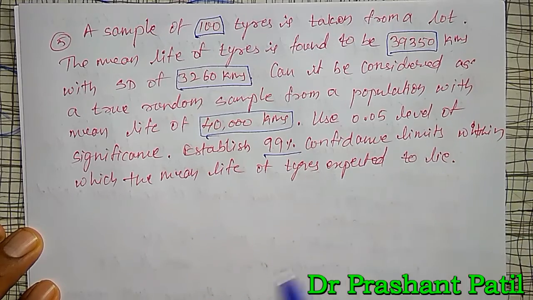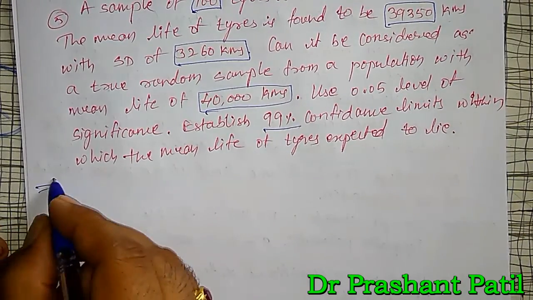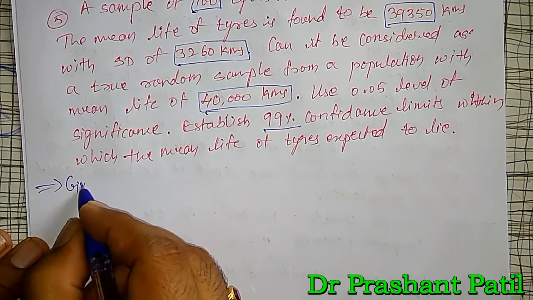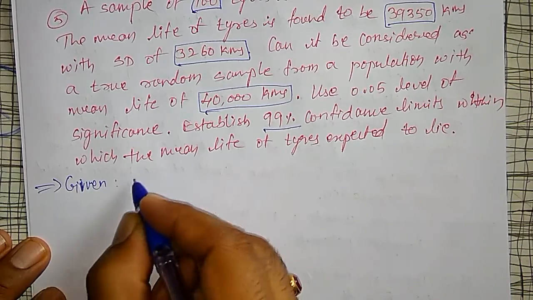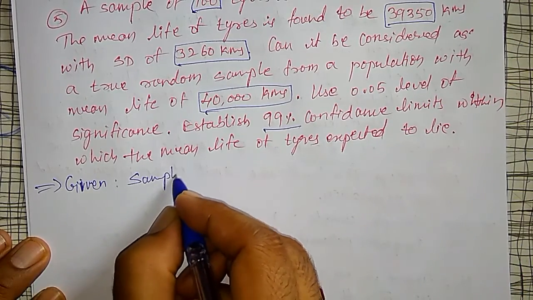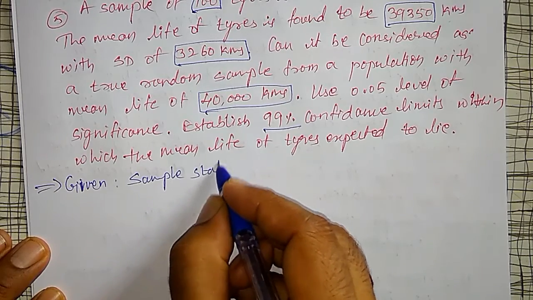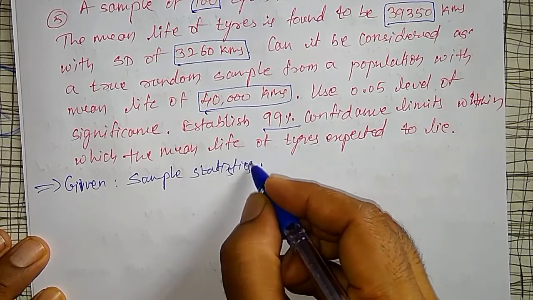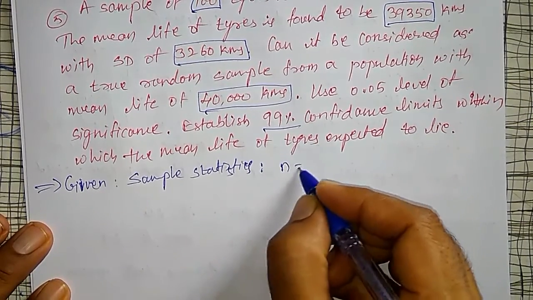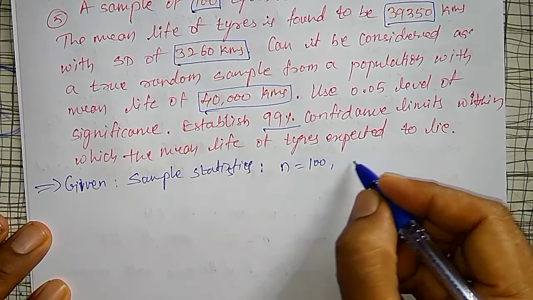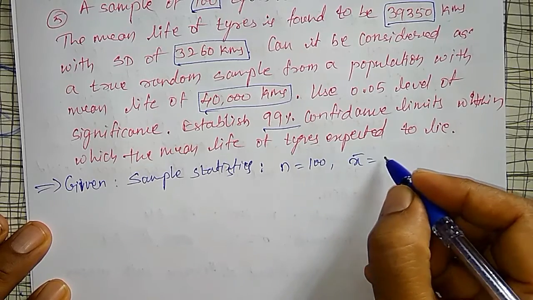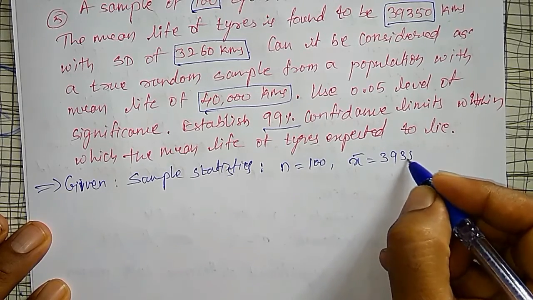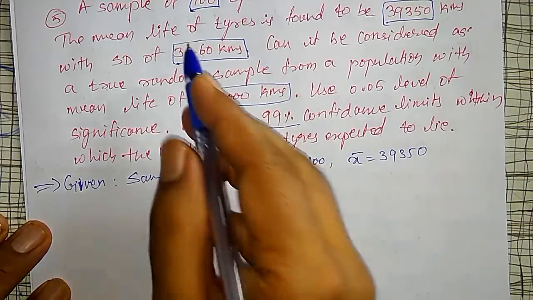tires is expected to lie. Here again, given sample statistics. What are those? n is equal to 100, they are given, and x bar, the mean life, 39,350, as well as the standard deviation of the sample, 3,260, they are given.